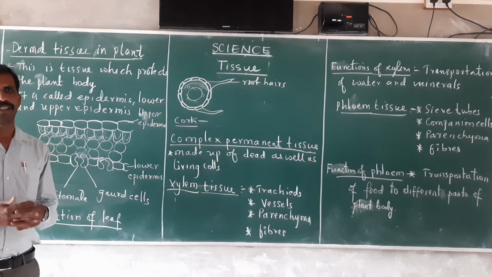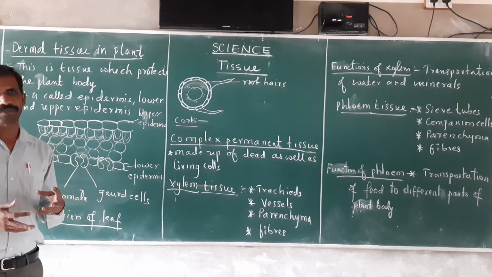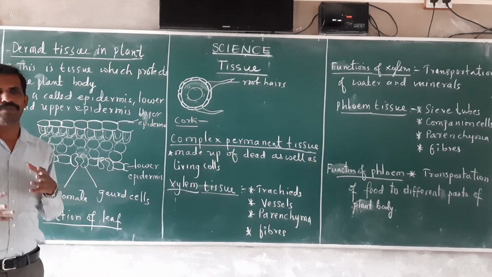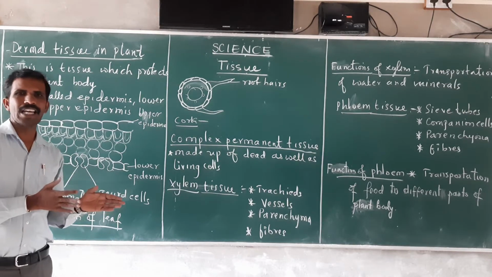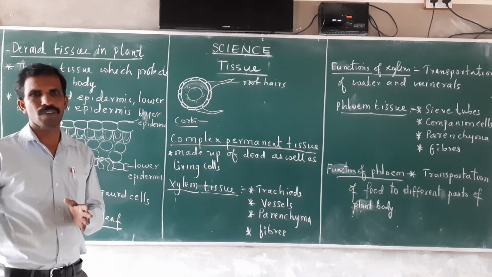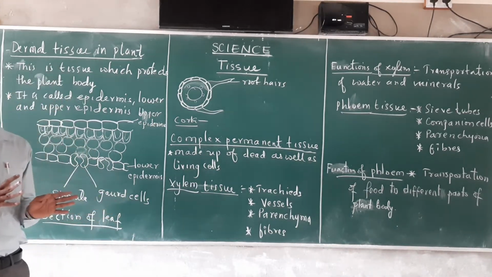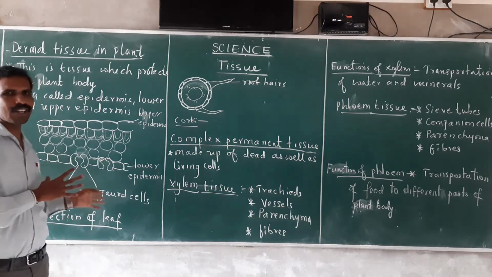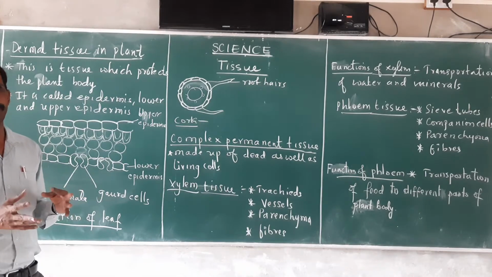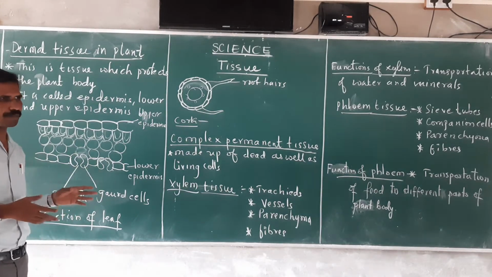Whenever there is a dangerous situation, they cannot move. Animals have locomotor organs for moving, but plants do not have any locomotor organs. Because of that, they have dead cells which are sclerenchyma tissue, maybe xylem, phloem, which help in the protection.